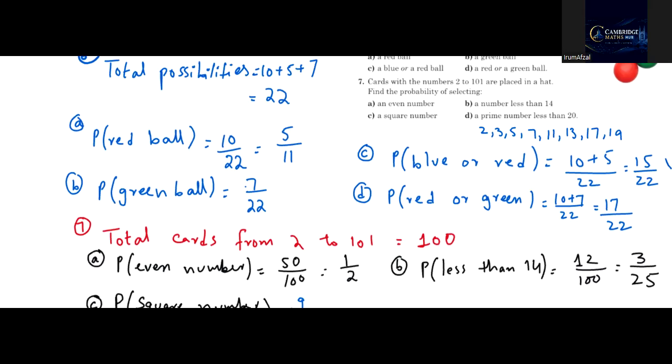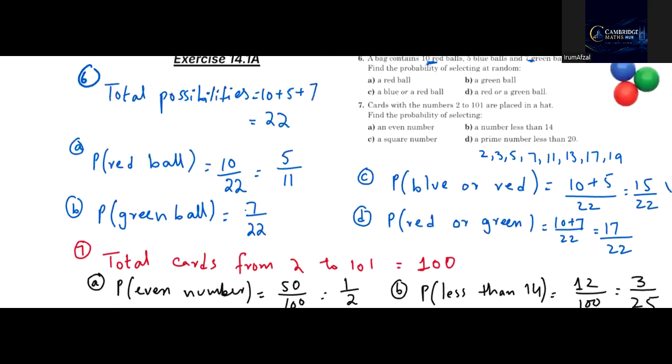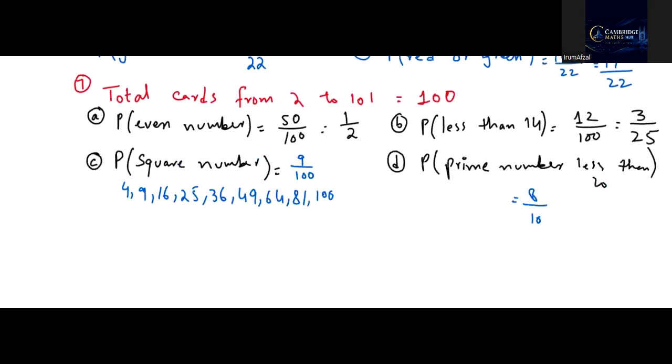So 8 are prime numbers out of a total of 100. This can be simplified: 4 times 2 is 8 and 4 times 25 is 100. So that's it.